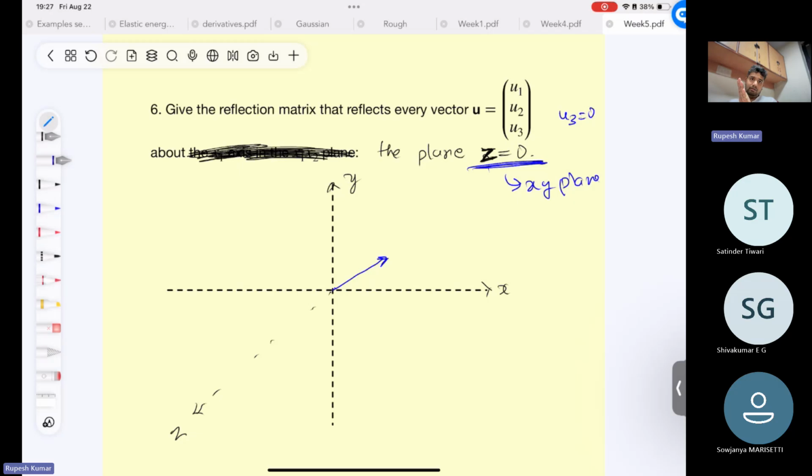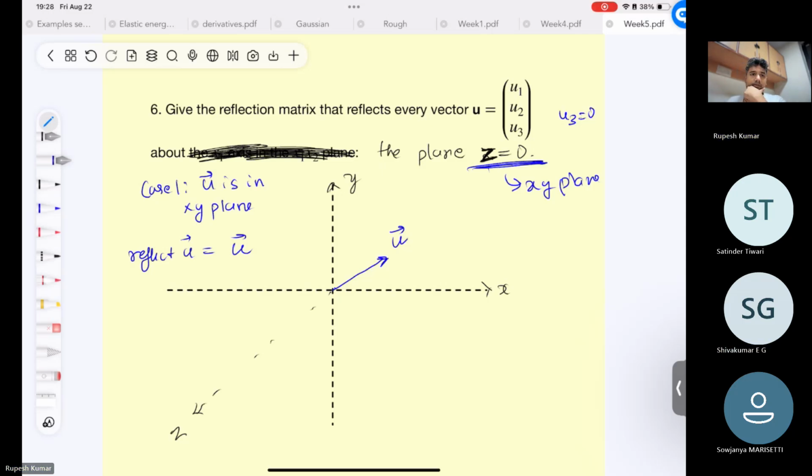Let me write the cases. Case 1: u is in the xy plane. Then the reflection of u is equal to u itself. Geometrically you can also show this. It is very straightforward. Do you have any doubts in this case?